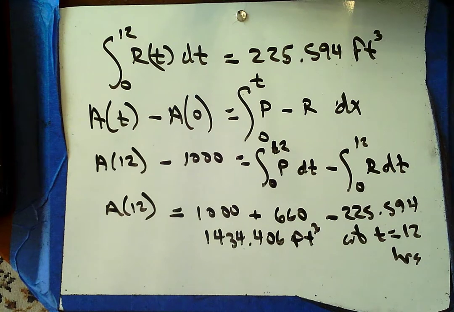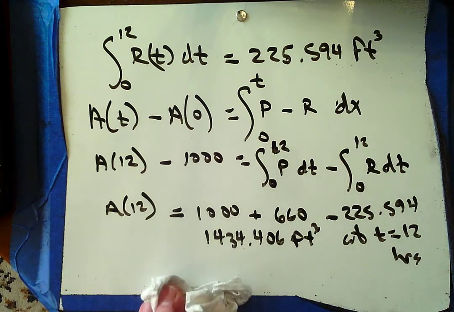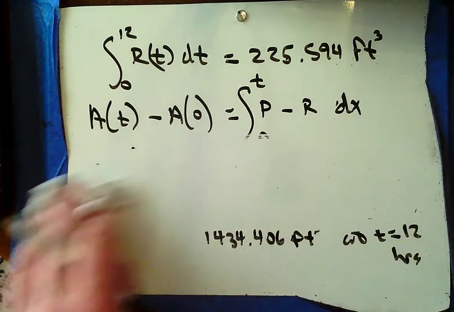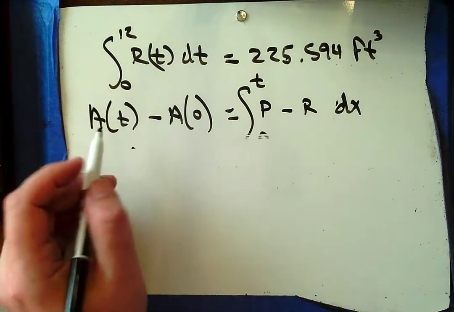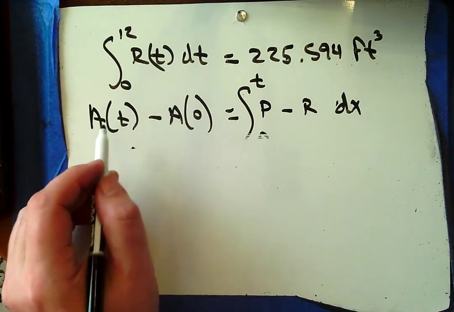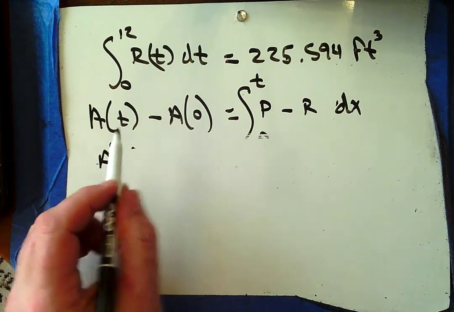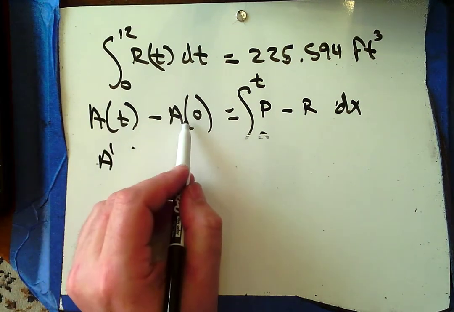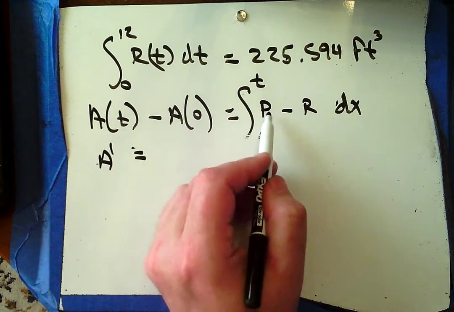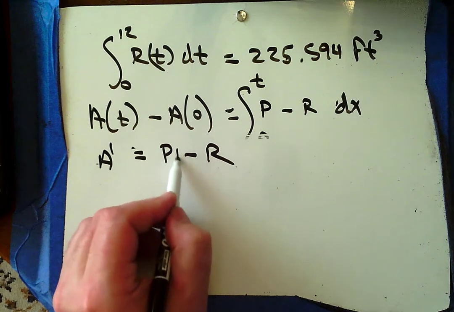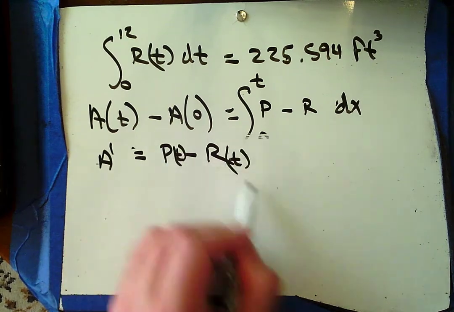Okay, there's part C. How about part D? Find the rate at which the volume is increasing at t equals 8. Okay, so here's my amount function, and I want the rate at which volume is changing. So I want A prime. I take the derivative of this. The derivative of a constant is 0. The derivative of this integral is just going to be p minus r. P of t minus r of t.